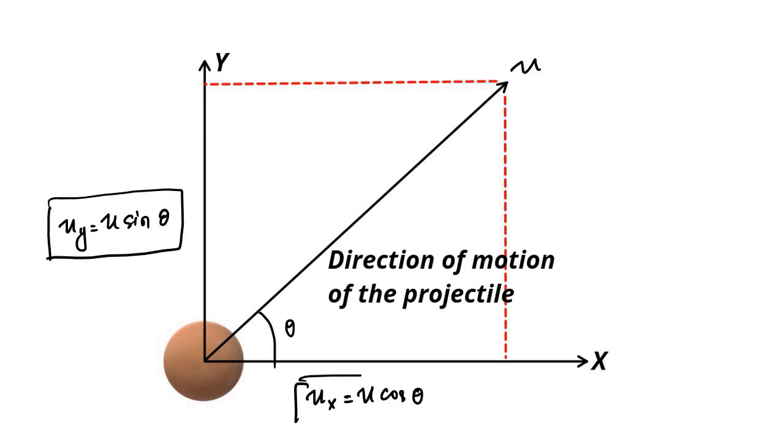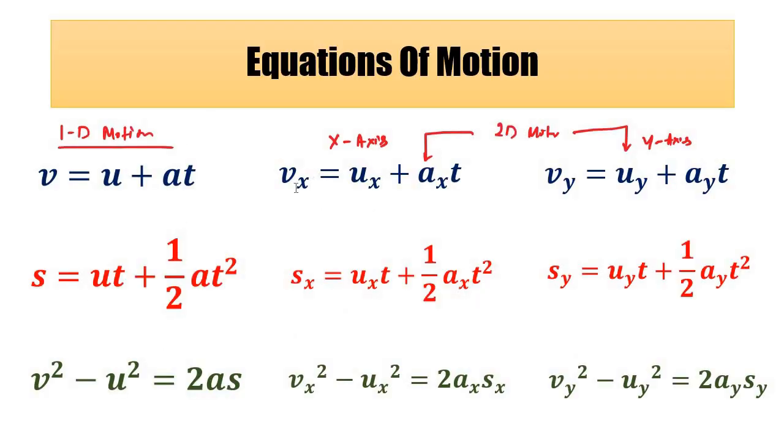This x component will be used for the analysis of everything on the x-axis, and the y component will be used for analysis of every aspect of motion along the y-axis using these equations. See, Vx is equal to ux plus axt. This is for the x-axis: final velocity along the x-axis, initial velocity along the x-axis, acceleration along the x-axis, and time.